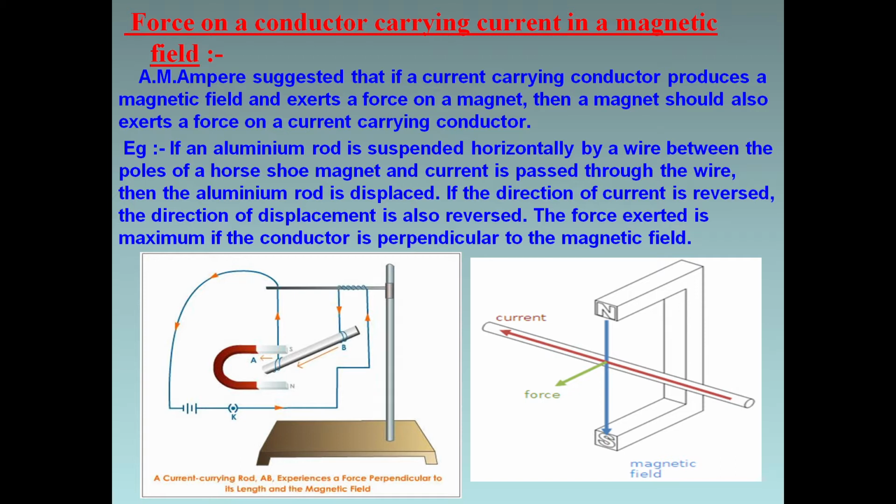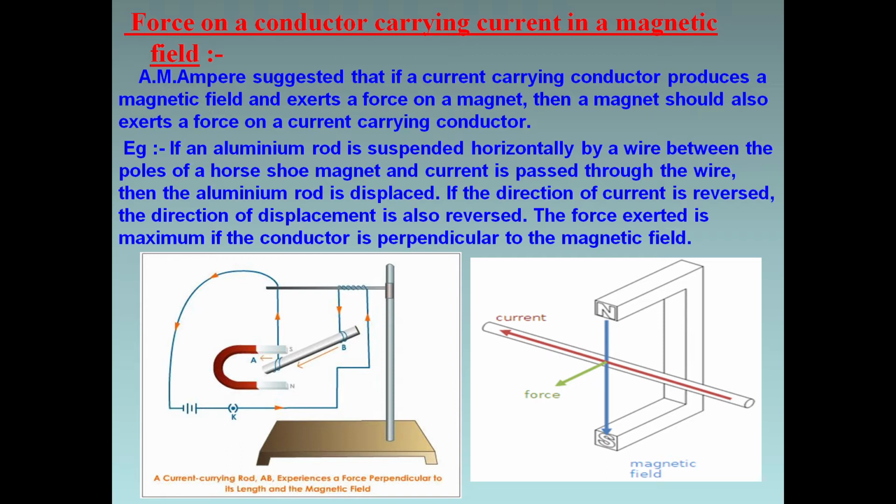So this activity proves that if a conductor carrying current is placed in magnetic field, then the force will be acting on the conductor, and due to that force, that conductor will be displaced. Now if the direction of current is reversed, then direction of displacement will also be reversed. And this force exerted is maximum if the conductor is perpendicular to the magnetic field.